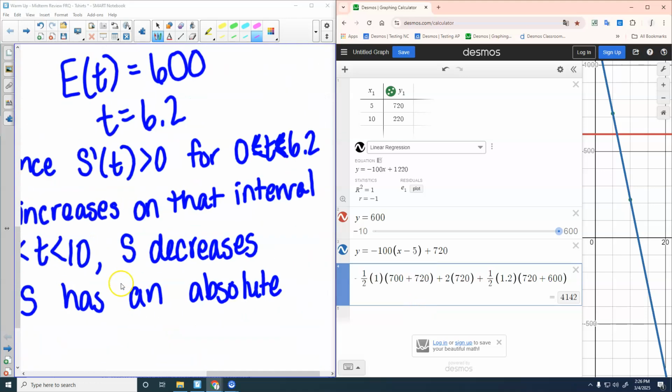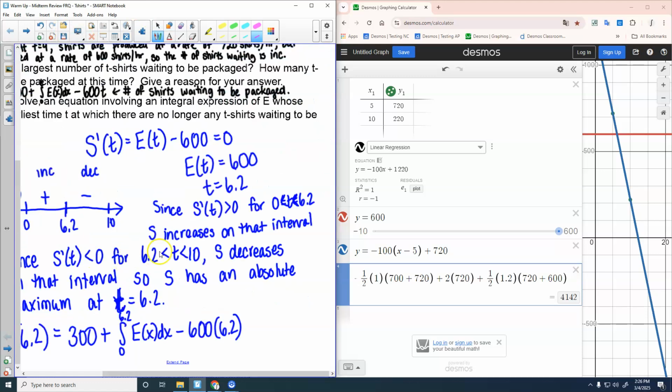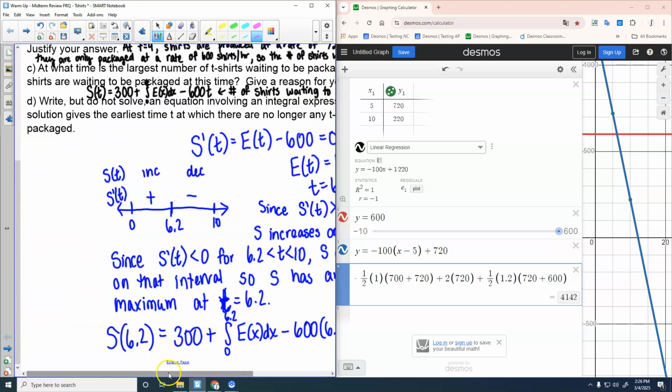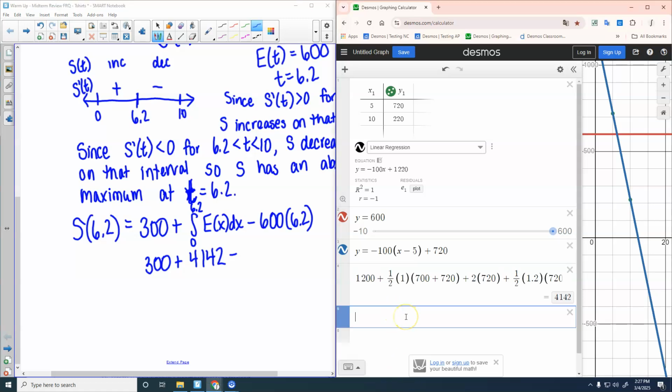Okay, so if I go back down here, zoom back out a little bit, and go back down to this bottom part, that was just this piece. So that is going to be 300 plus 4,142 minus, what do we get there? 600 times 6.2.